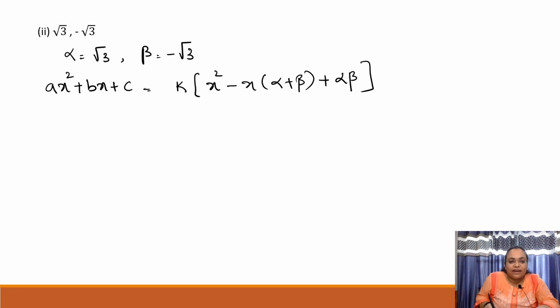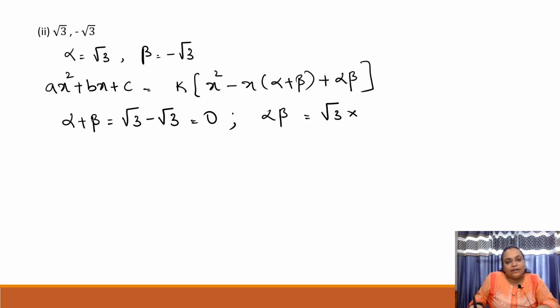Now, let us find alpha plus beta, that is root 3 minus root 3, which is 0. Yes, alpha beta is root 3 into minus root 3 is minus 3.